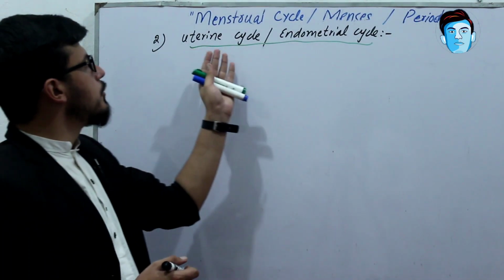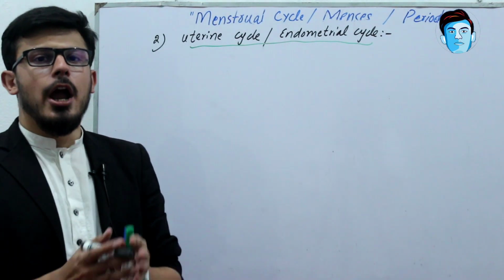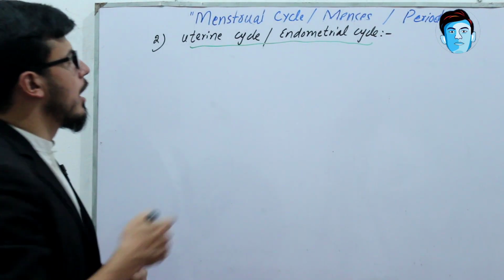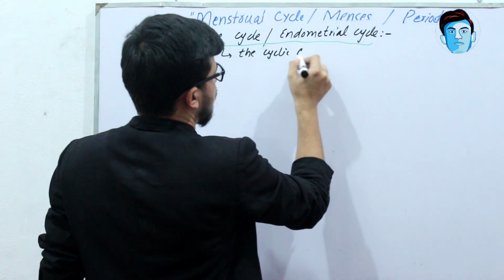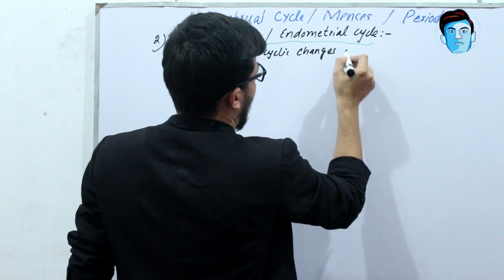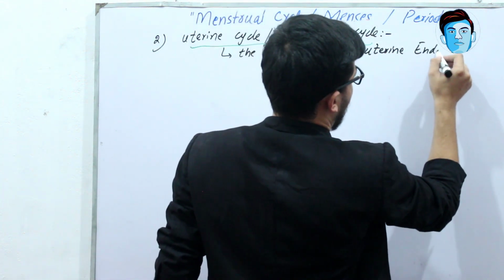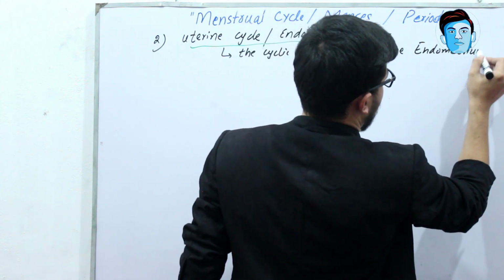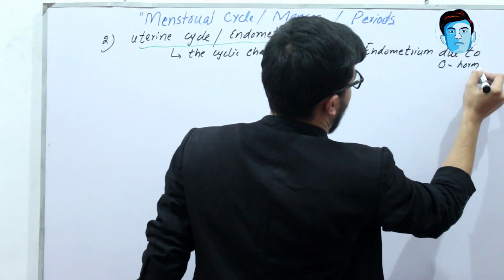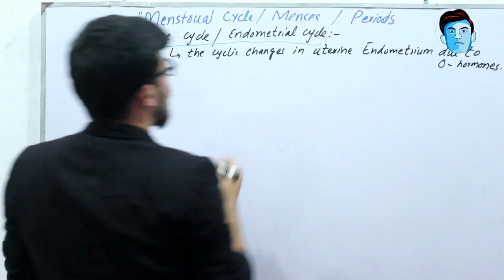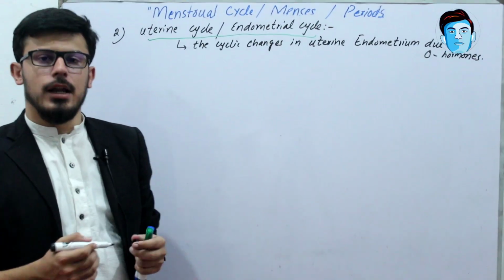The cyclic changes in the uterine endometrium are due to ovarian hormones. And because of the involvement of uterine endometrium, it is also called as endometrial cycle.